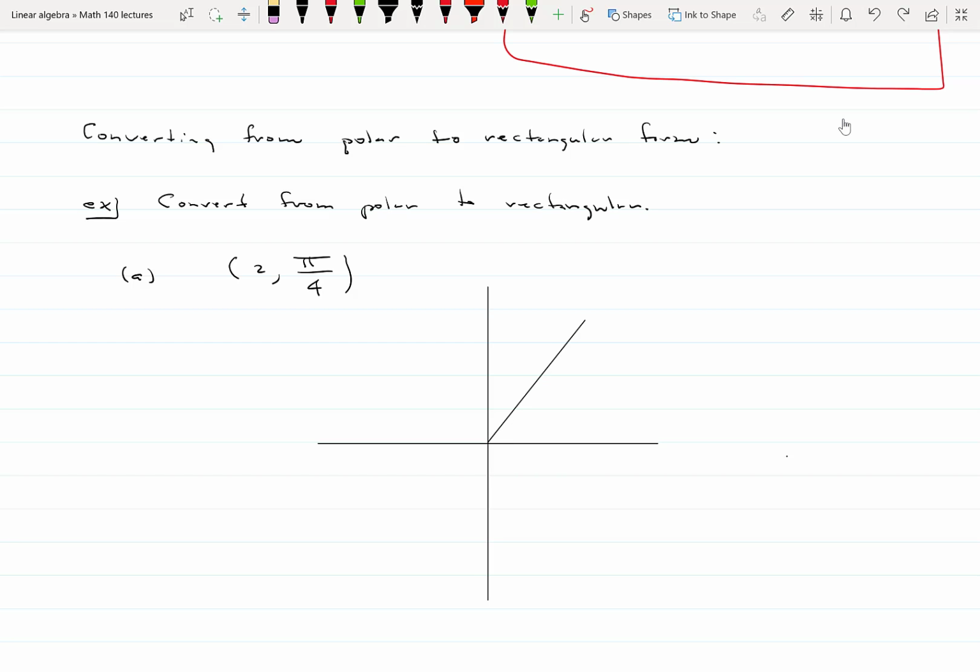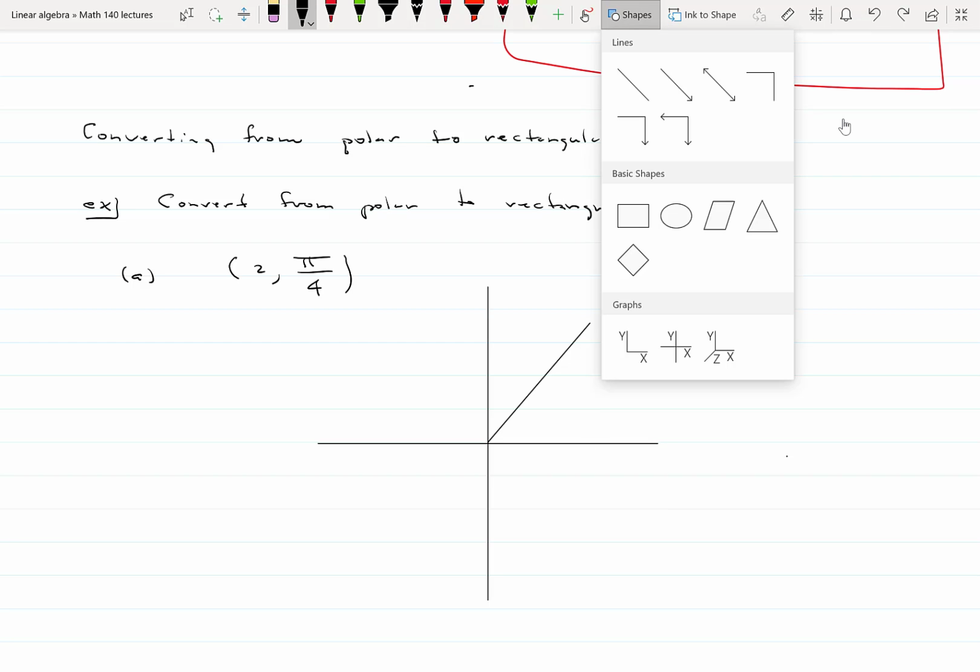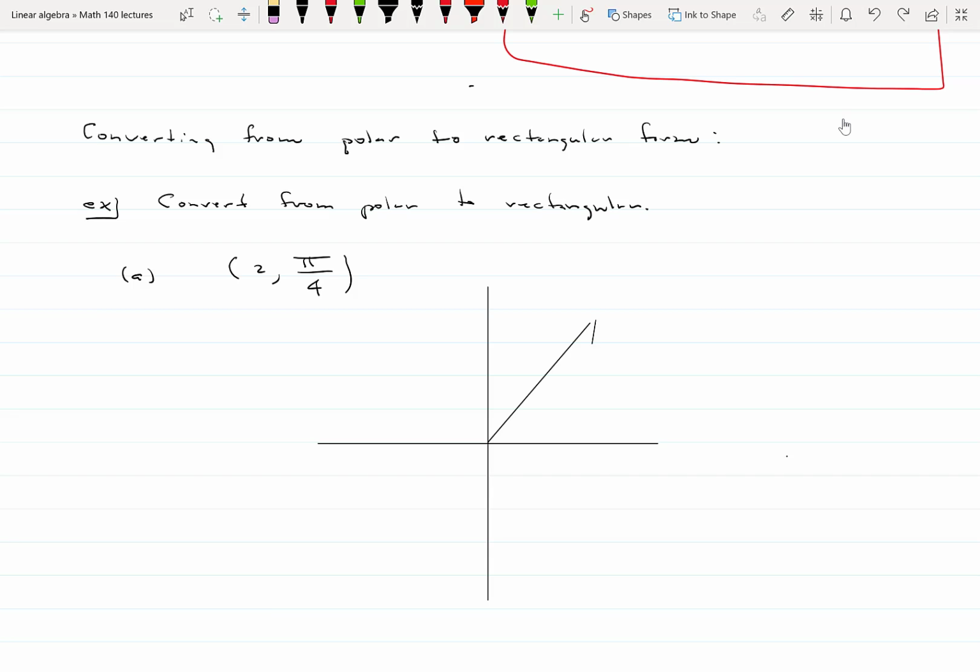Here is my point. I'm going to have to make a nice fat dot to make that point show up. Here's the point. And I'm going to put in the rectangular coordinates, x, y, and I'm going to also put in the polar coordinates, r and theta, so we can view all 4 coordinates on one drawing.